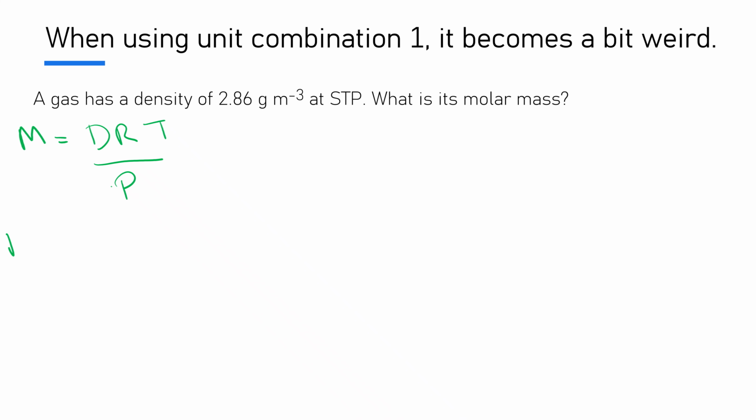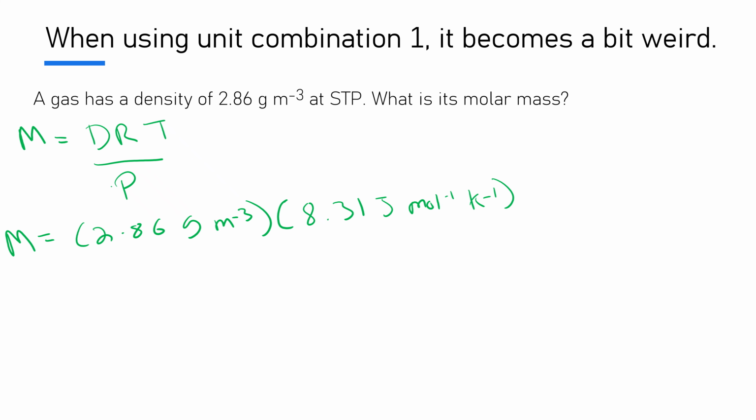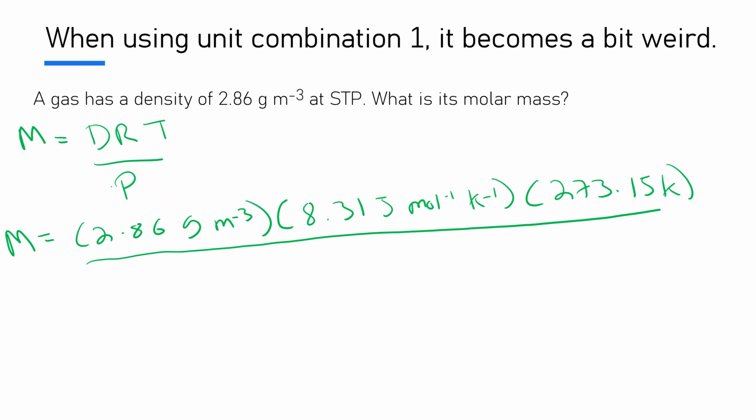So molar mass is equal to our density of 2.86 grams per cubic meter multiplied by the ideal gas constant of 8.31 joules per mole per Kelvin multiplied by the temperature of 273.15 Kelvin divided by our pressure value in pascals of 101,325 pascals.